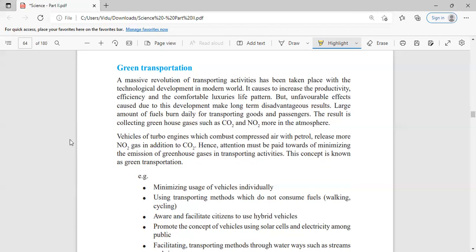This concept is known as green transportation. Minimizing the emission of greenhouse gases in transporting activities is known as the green concept, green transportation.